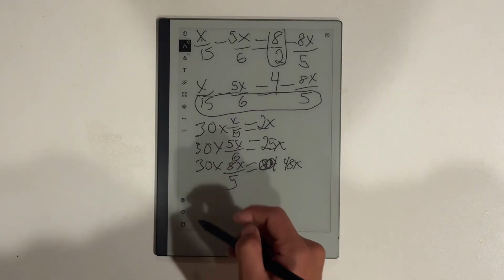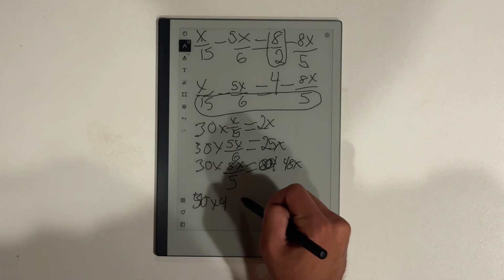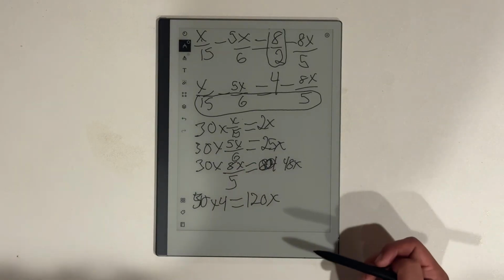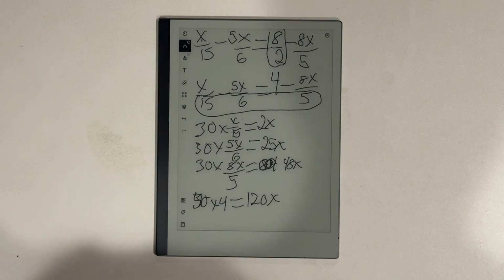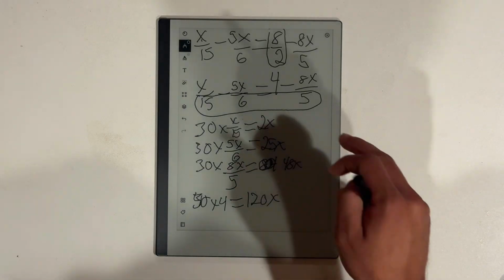And then the 4, so 30 times 4 equals 120.